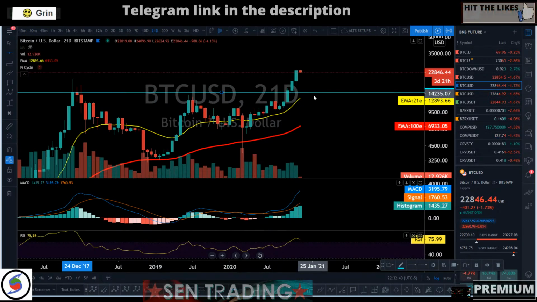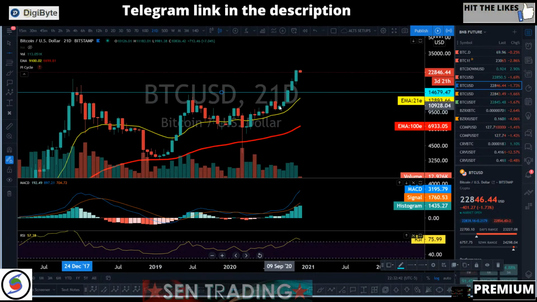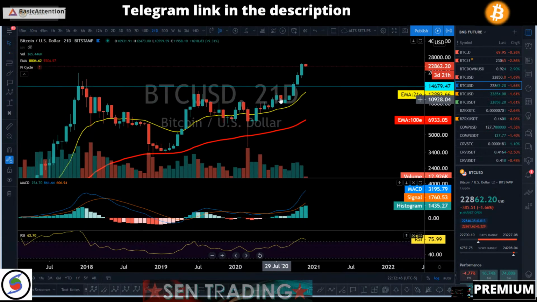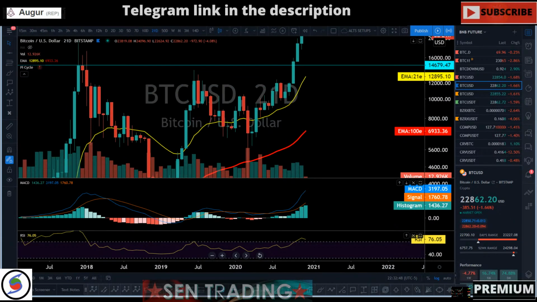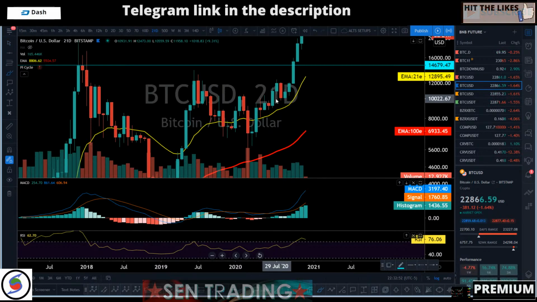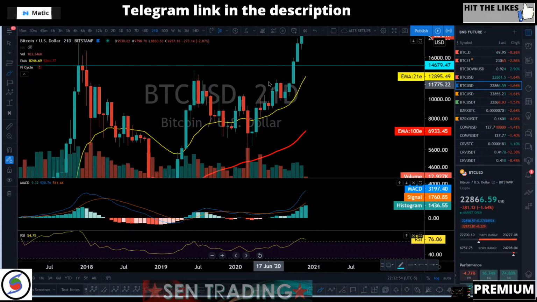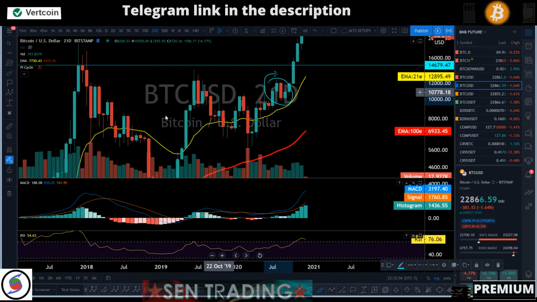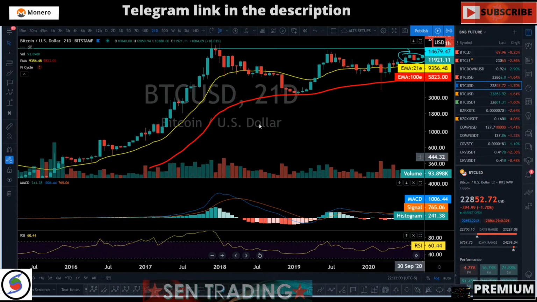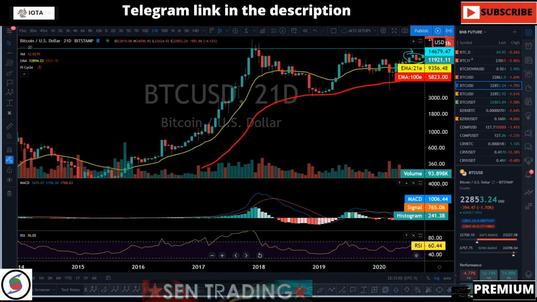So if you take a look at the 3 weeks chart, why it is so important is the only time we got a bearish engulfing candle on the macro scale and BTC decided to pump and reverse was this one, and back then right here. These are the only two.